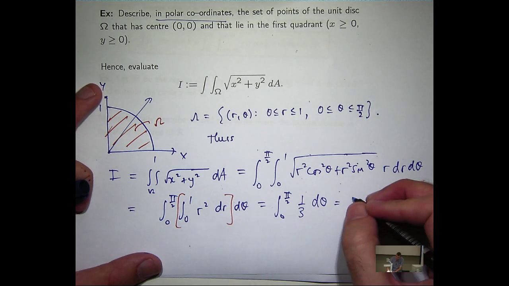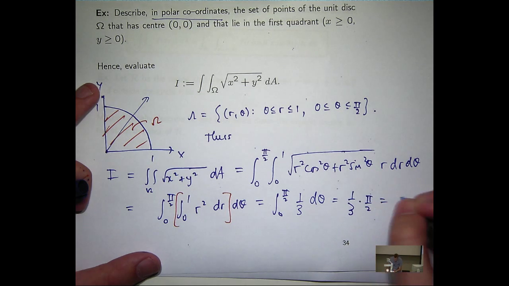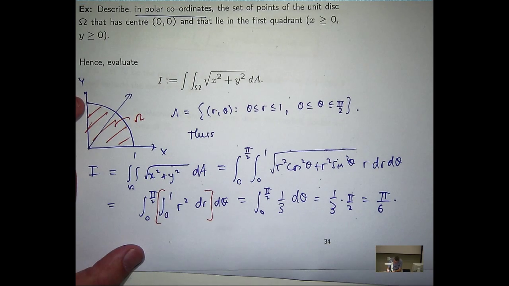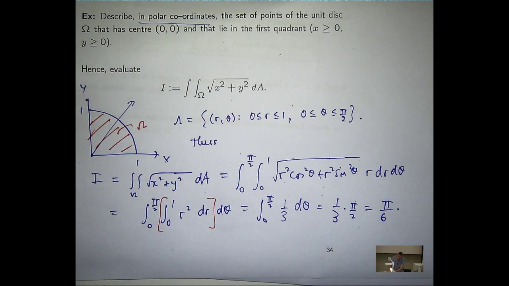And if I integrate that again, I'll just get 1/3 times pi on 2. Not very difficult, right? Make a change of coordinates. Replace dA with r dr d theta. Do the integral.